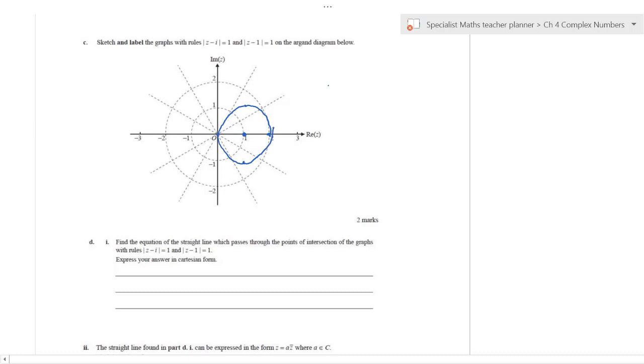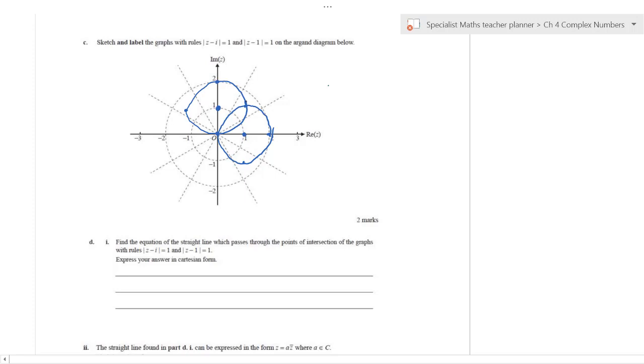And then we've got a circle centre (0, 1), and that's going to go up here, sort of thing. There, there, and there. So it's going to look something like that.